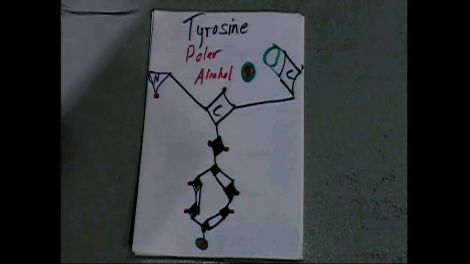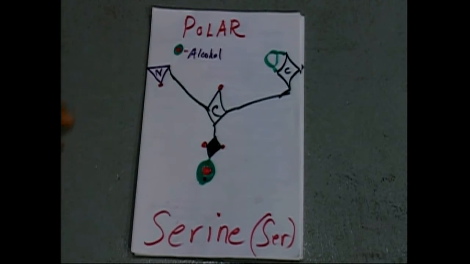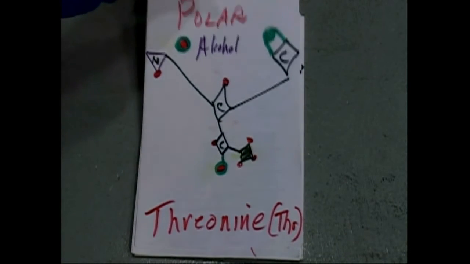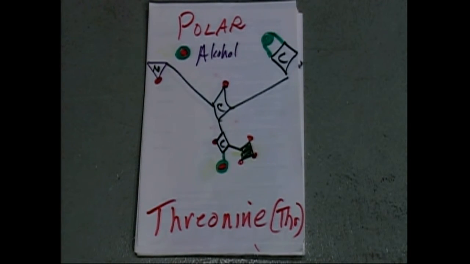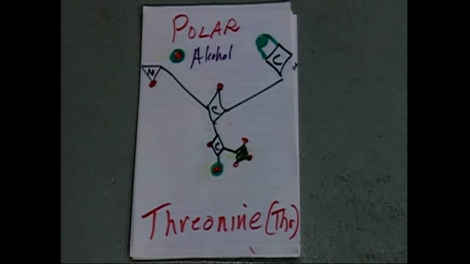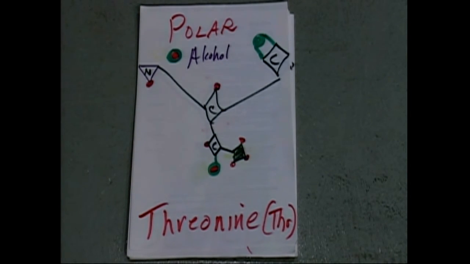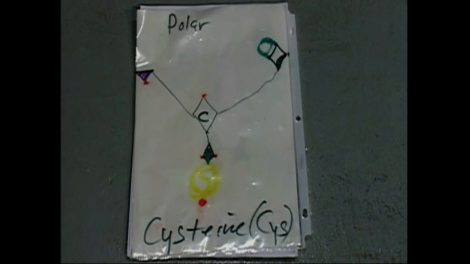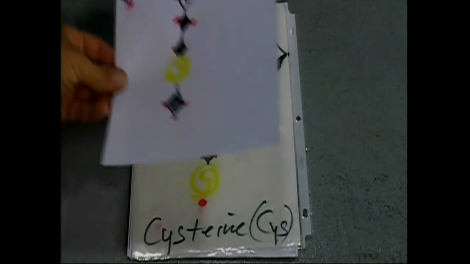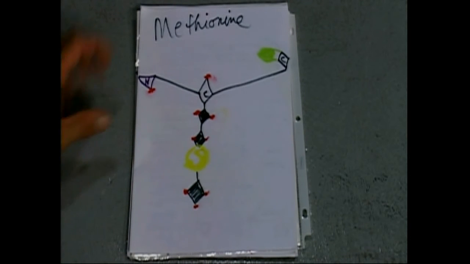There's another alcohol. Serine. Here's another alcohol. Threonine. Here's another polar, the sulfur containing. Cysteine and methionine.